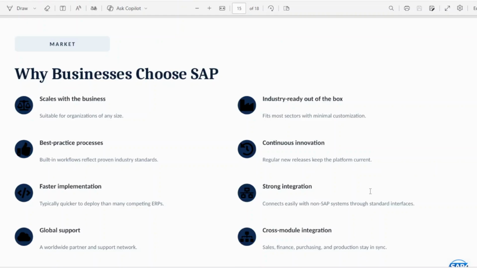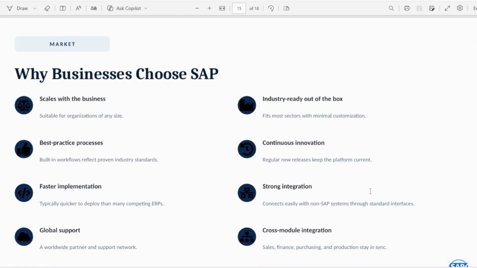It's industry ready, meaning it fits most sectors without needing heavy customization, so it follows best practice processes based on proven industry standards. SAP keeps innovating, with regular new releases, and implementation is usually faster compared to many competing ERPs.